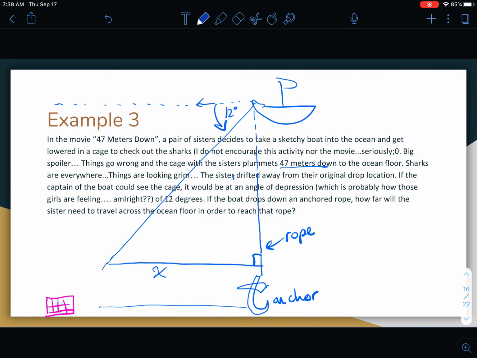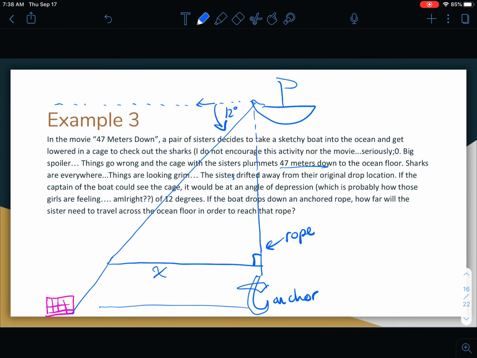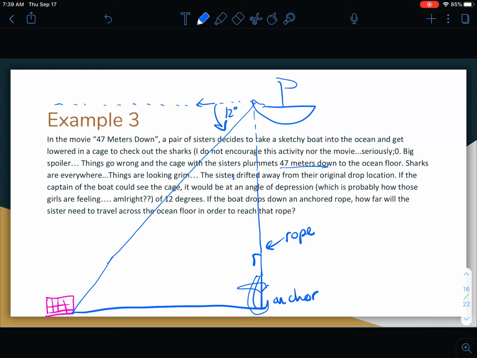Oh, that's not the same blue. Maybe it is. Nope, different. So we're going to make this go all the way to the bottom. And we're going to make this go along the bottom here. Here's the anchor.